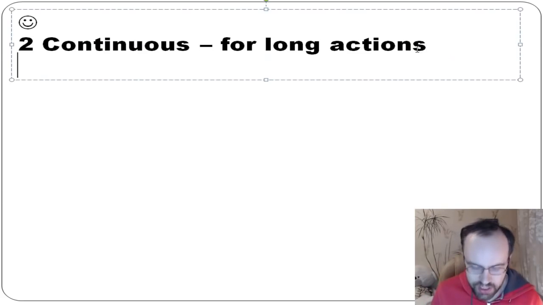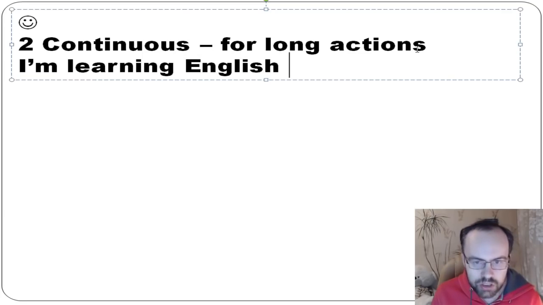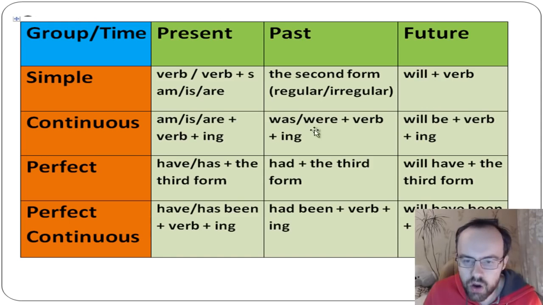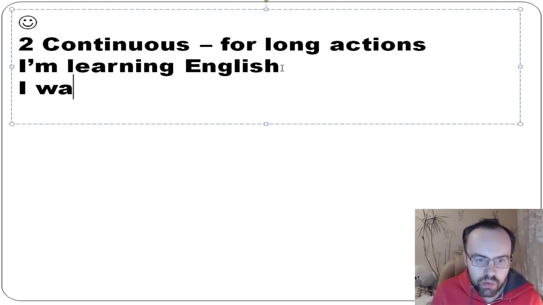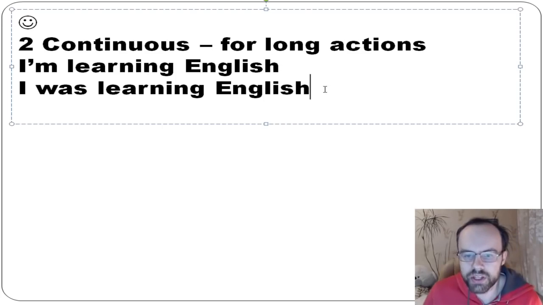For example, you can say, I'm learning English. It's a long action at present. Or you can say it in the past. You see how we form it: was or were. I was learning English.